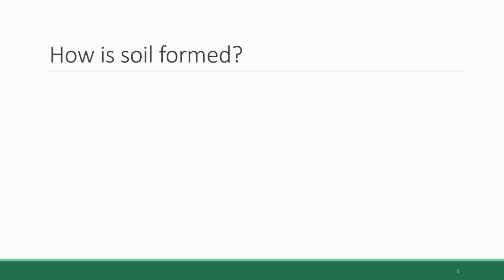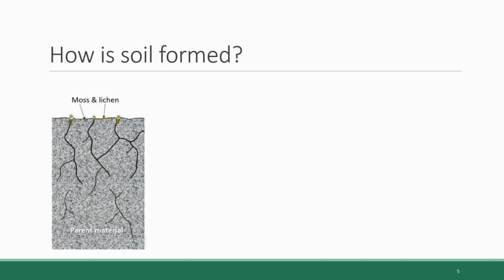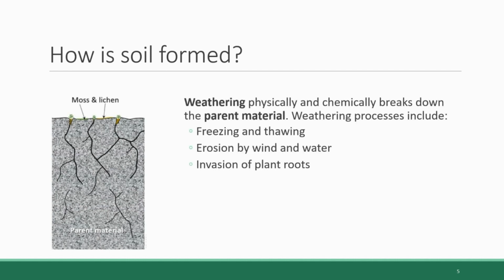So, the formation of soil is a long process, and it's both biological and geological in nature. It involves transforming rocks and organic materials into this complex, multi-part material that we know as soil. The process starts with what's called weathering of the parent material. The parent material is the matter that the soil originates from.